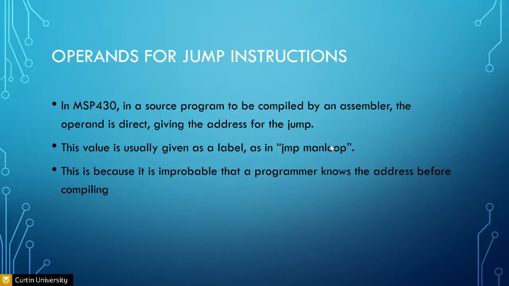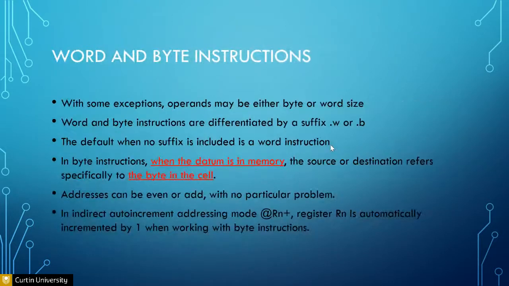But if it is move.w R5 R6, that means the whole word itself is being replaced. So this one is a trick. It can be a trick question. Be careful. Whether it's .w or .b makes a lot of difference. By default, if you do not mention it, you just say move R5 R6, it is a .b.